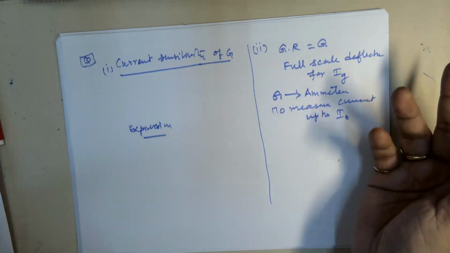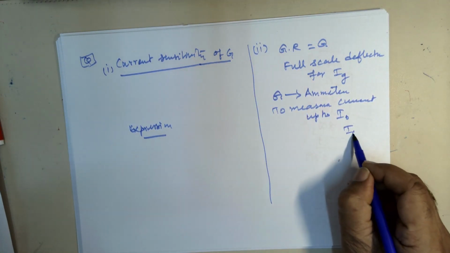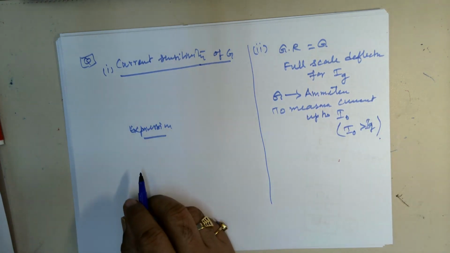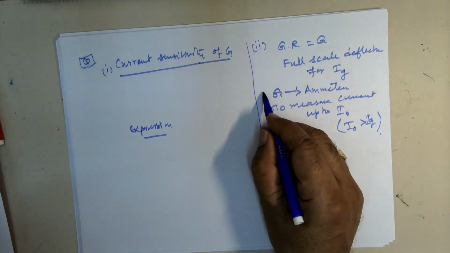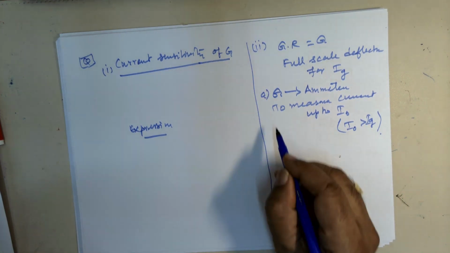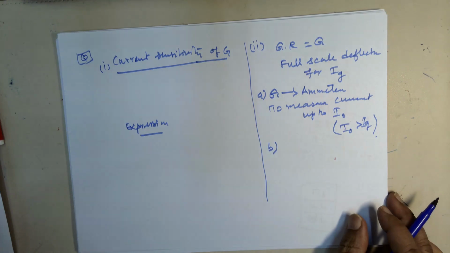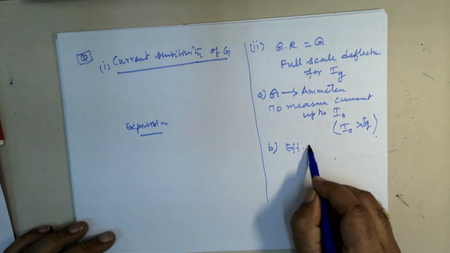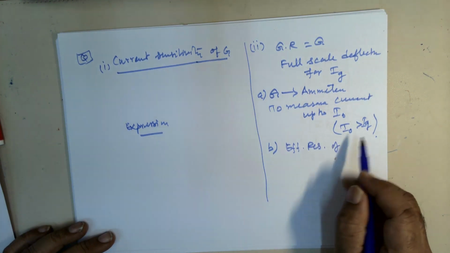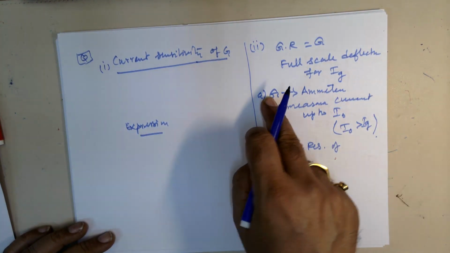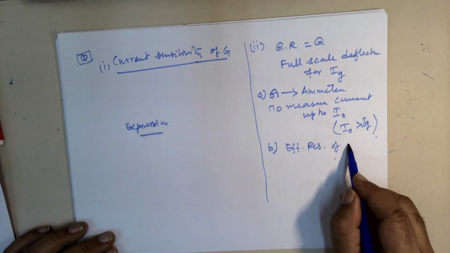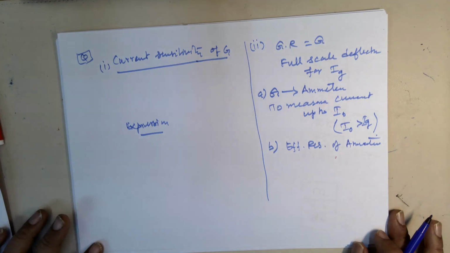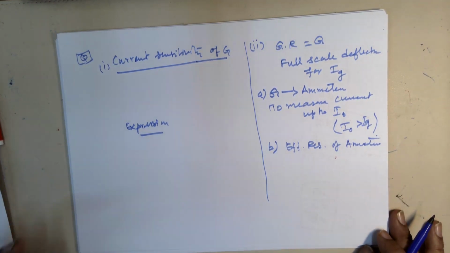In this case, I naught is greater than Ig. And this is A. B is, what is the effective resistance of this ammeter? So for the conversion of galvanometer to ammeter, they have asked the effective resistance.